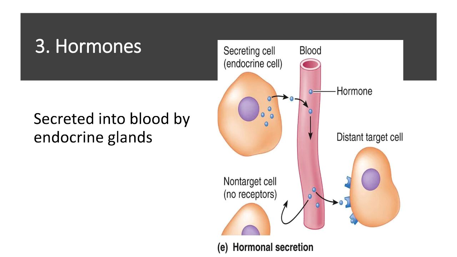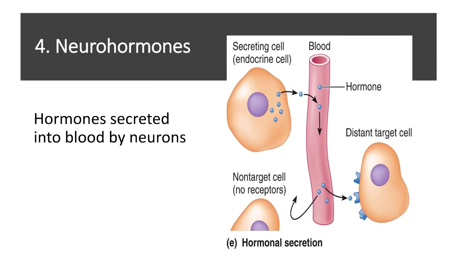It's actually just binding to the receptor on the surface of the cell of that distant organ. Okay, again, the same example with the oxytocin. The oxytocin is a hormone being secreted from the pituitary gland, and so that's an endocrine organ traveling through the blood, and the distant target cell are the smooth muscle cells in the uterus.